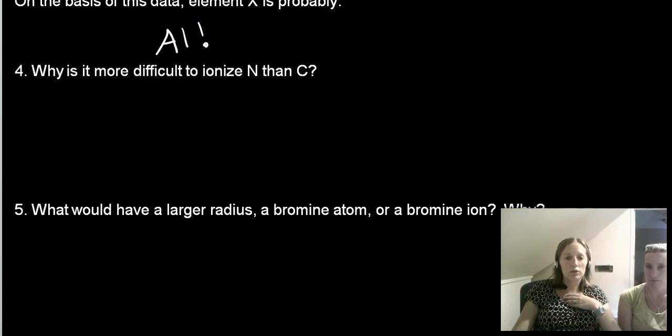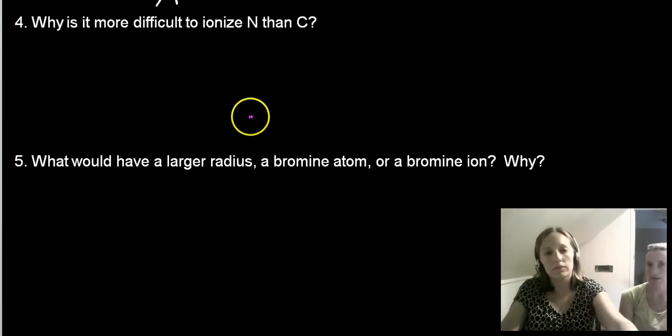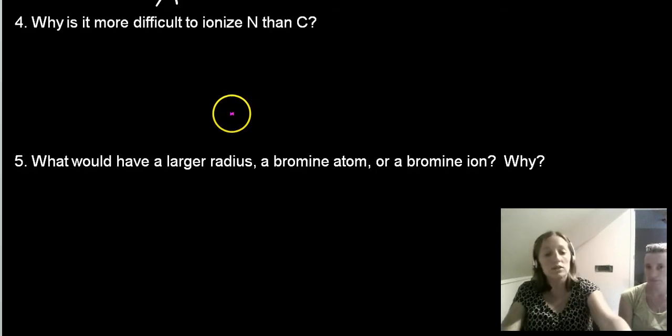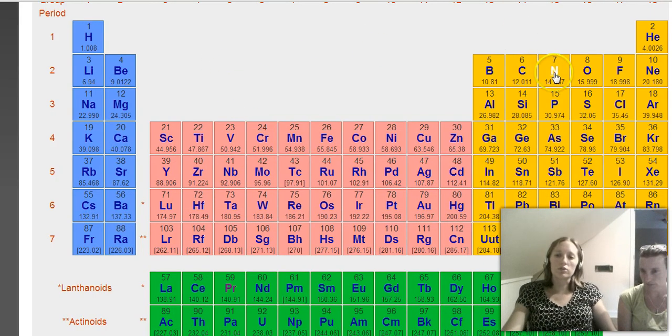Why is it more difficult to ionize nitrogen than carbon? Well, if we remember ionization energy, we're talking about taking 1 electron and pulling it off. So let's go look at their positions on the periodic table. Here's nitrogen and here's carbon. Pulling 1 electron off of carbon is going to get him from his electron configuration to boron's electron configuration.